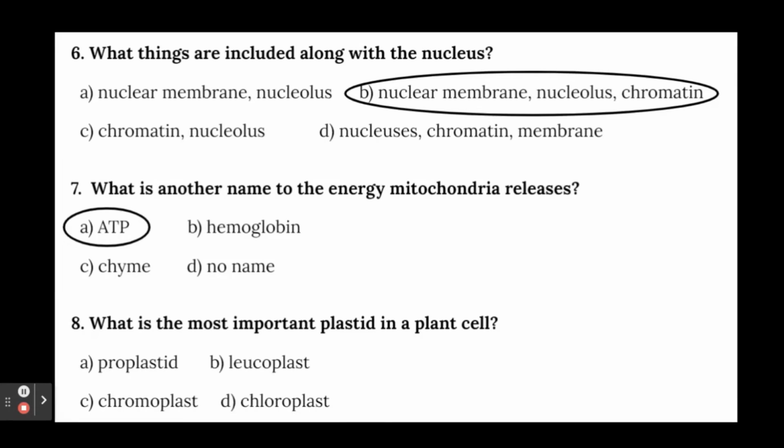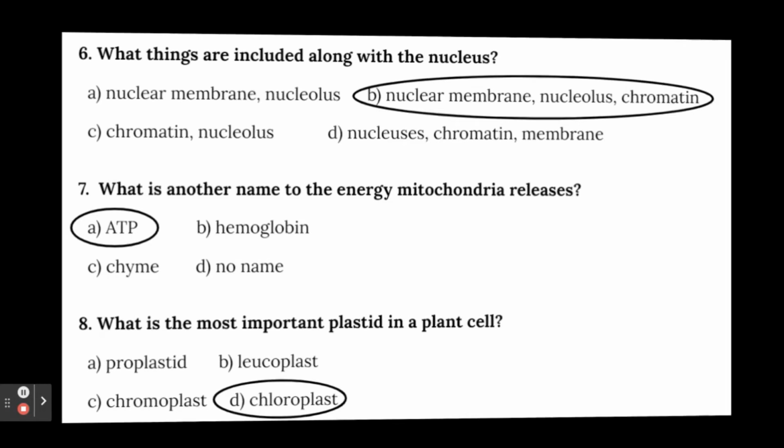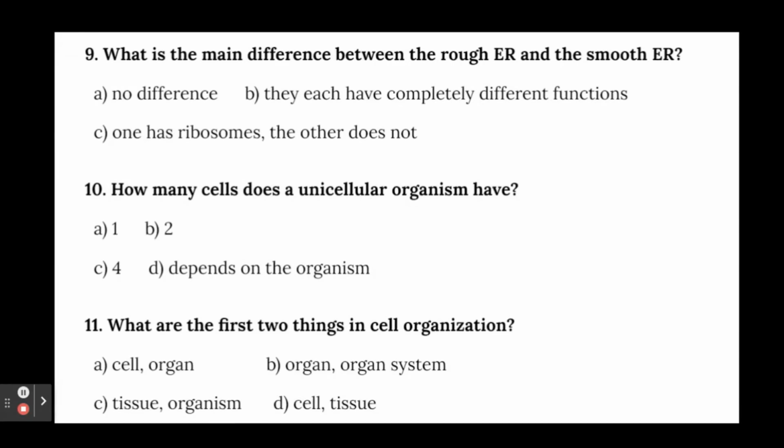Number 8, what is the most important plastid in a plant cell? The answer is D, chloroplast, which was the only one we talked about, so you probably should have guessed that because it's the most important used in a plant cell. Number 9, what is the main difference between the rough ER and the smooth ER? ER means endoplasmic reticulum.